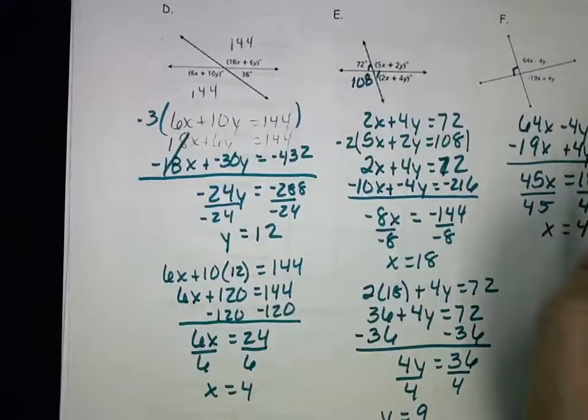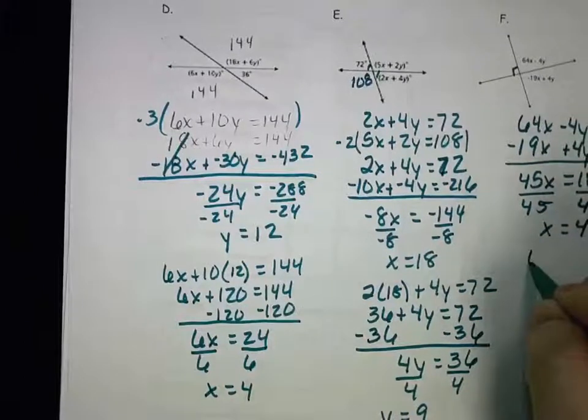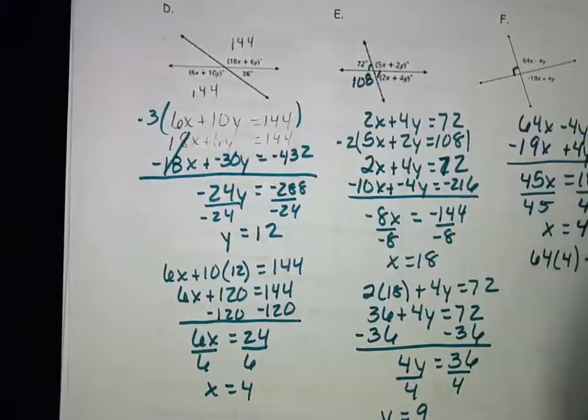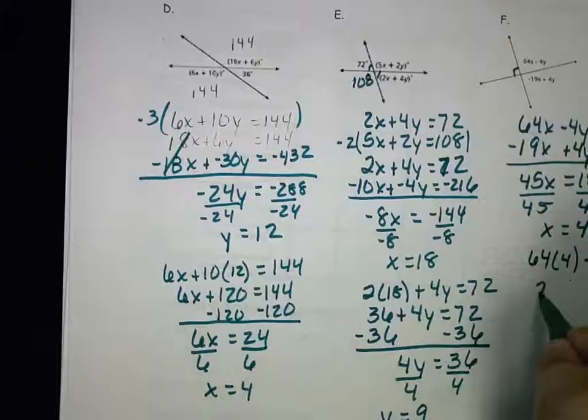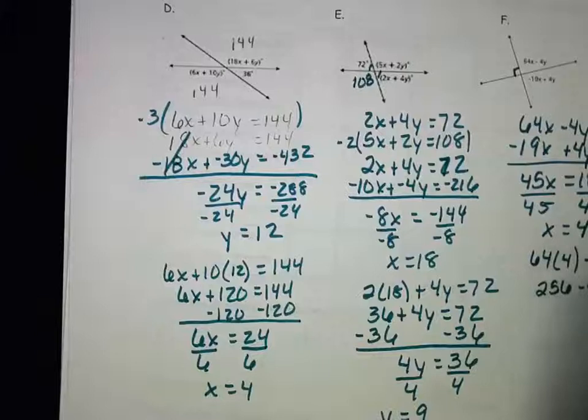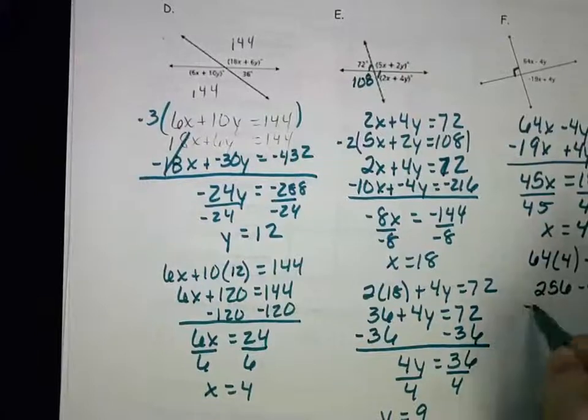And I'm going to put that into the first equation. 64 times 4 minus 4y equals 90. So that becomes 256 minus 4y equals 90.